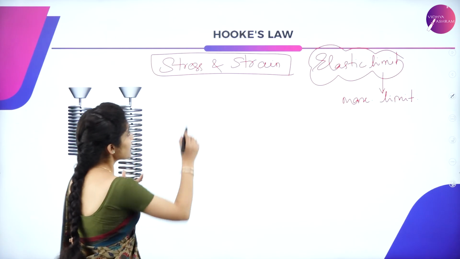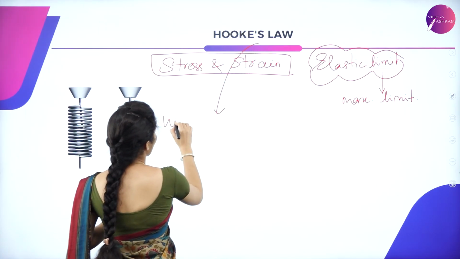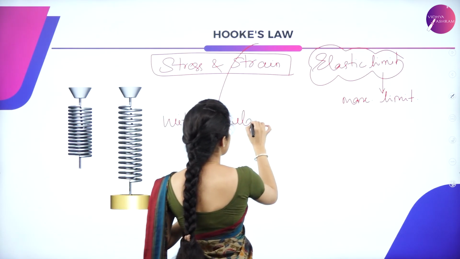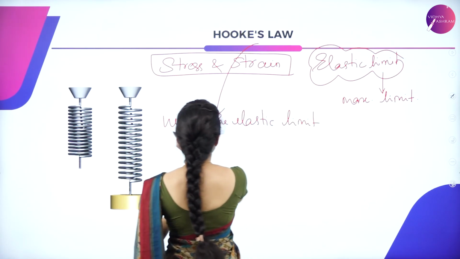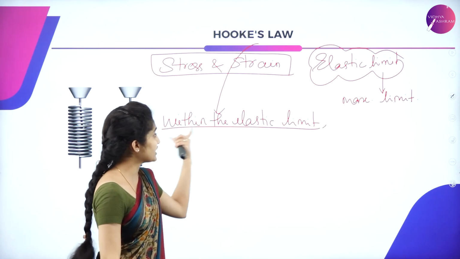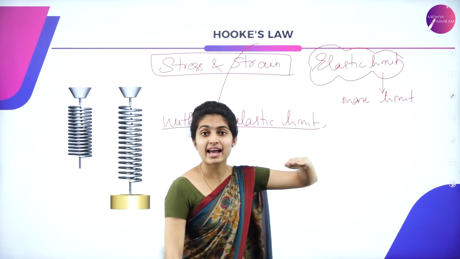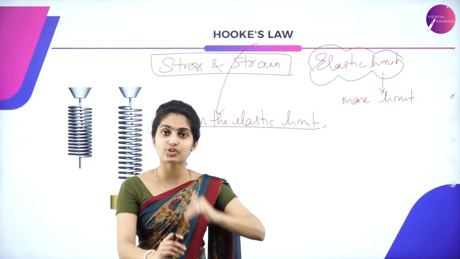So next it is Hooke's law. Hooke's law lies only within the elastic limit, and the elastic limit is nothing but the maximum limit until which, even if you apply a certain force, the body regains its shape back.